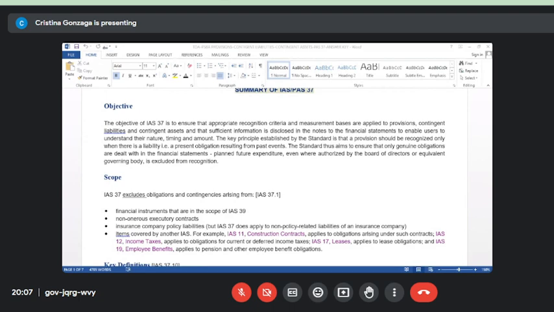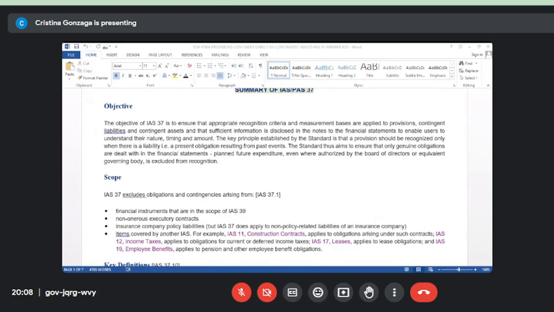Whereas a contingent liability is not yet existing as at the end of the reporting period. Its existence or non-existence will depend upon the occurrence or non-occurrence of an event in the future. Kaya pag sinabi mong provision, actual liability yan, kaya meron tayong journal entry to record provision.